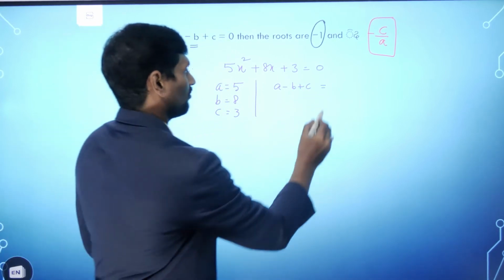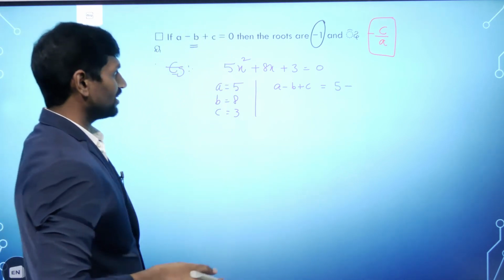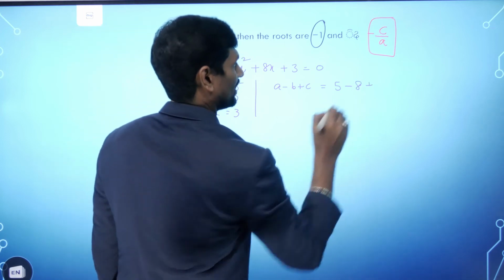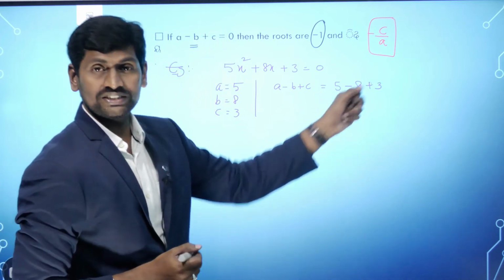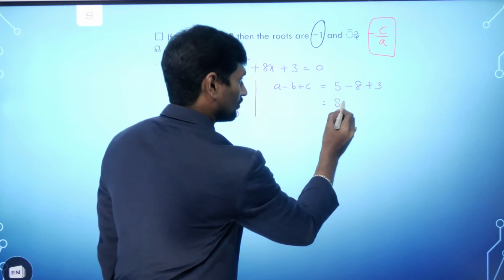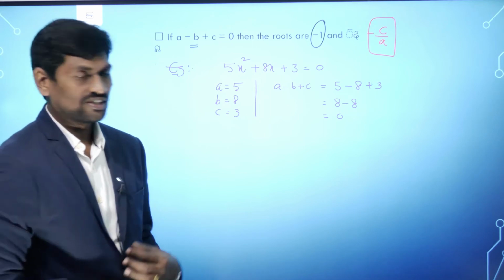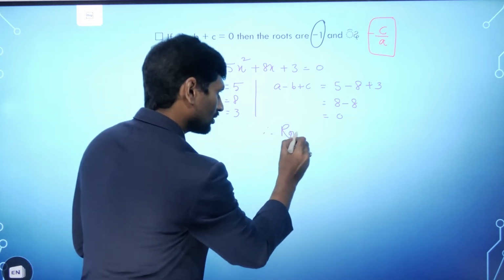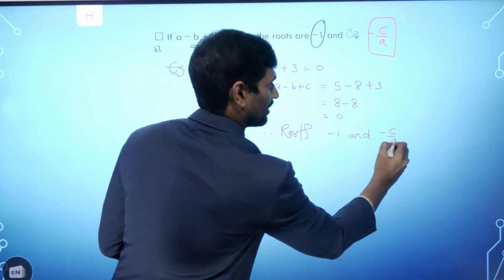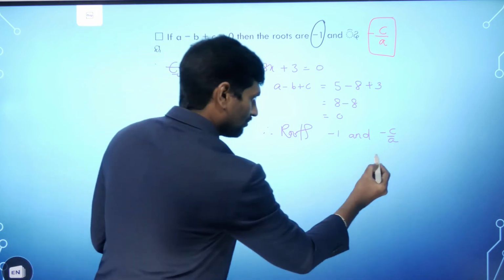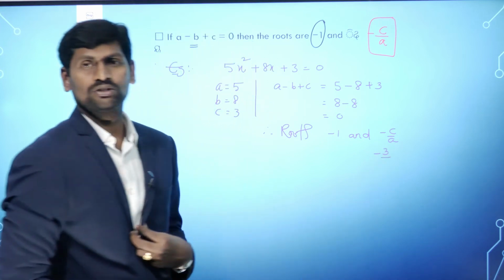A value 5 minus b value. What is the b value? B value is 8 plus c value. C value is 3. Now 5 plus 3, 8. 8 minus 8, 0. Yes, the condition is satisfied. Therefore, the roots are minus 1 and minus c by a. Minus c by a means minus c value is 3 and a value is 5.